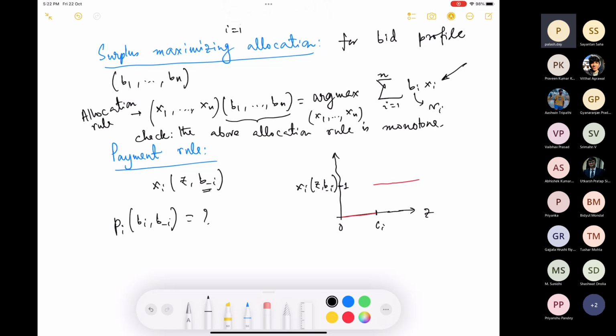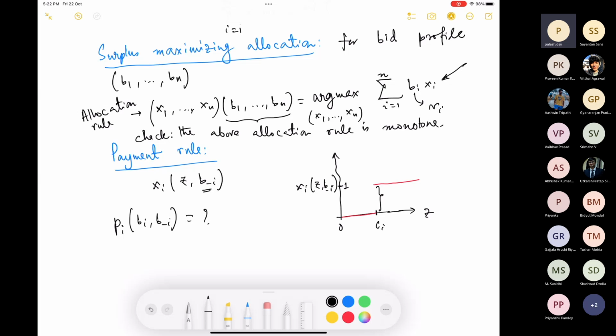If the ith bidder bids 0, then it won't be picked, because we fix some b minus i. Now, if we keep increasing the bid value of the ith bidder, then at a certain threshold, beyond which that item will be picked. Is that fine? And this is 1.